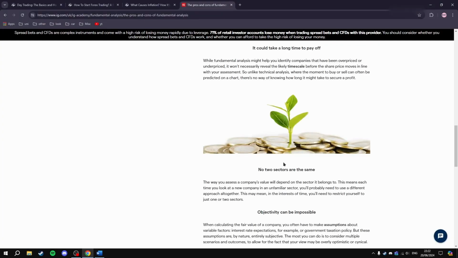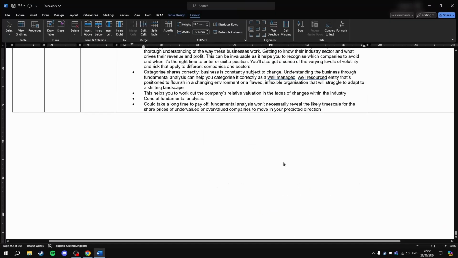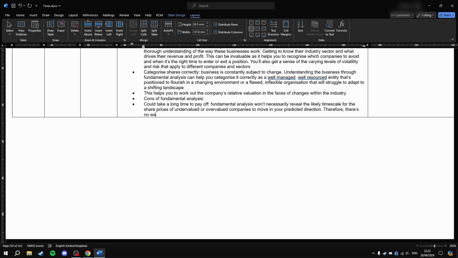There's no way of knowing how long it might take to secure a profit.